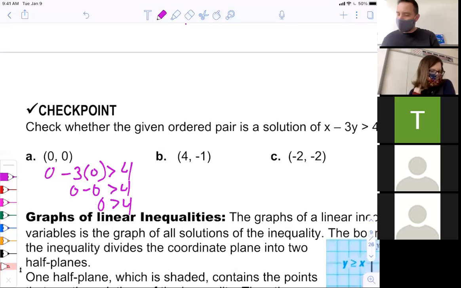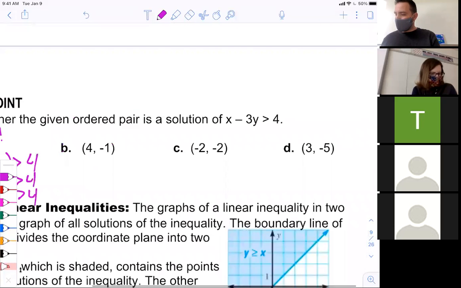Is that true, Jason? Jason, is that a solution? Peyton, is that a solution? No, it's not a solution. Let's look at this -1.